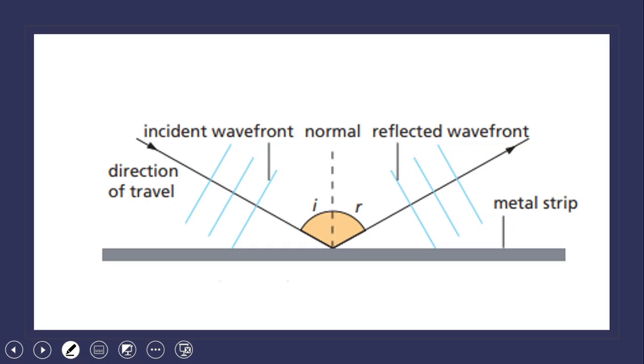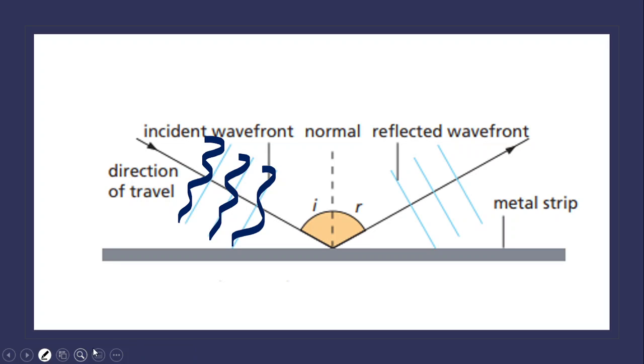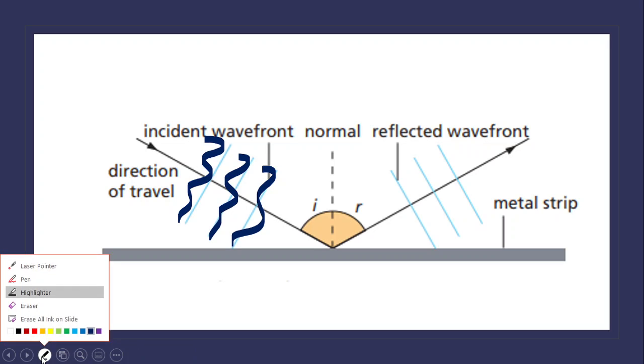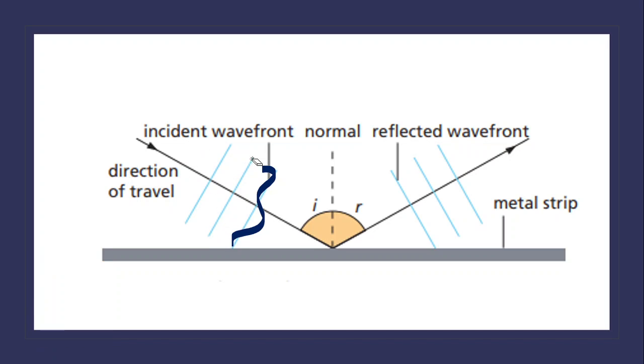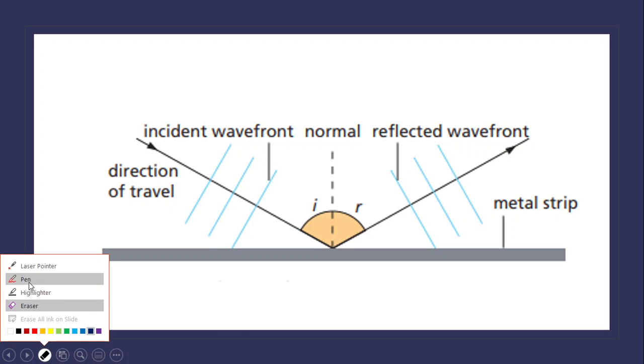Initially we have these waves that are traveling. Instead of showing them in the form of waves, we've just shown them in the form of wavefronts, because it's easier to imagine like that.